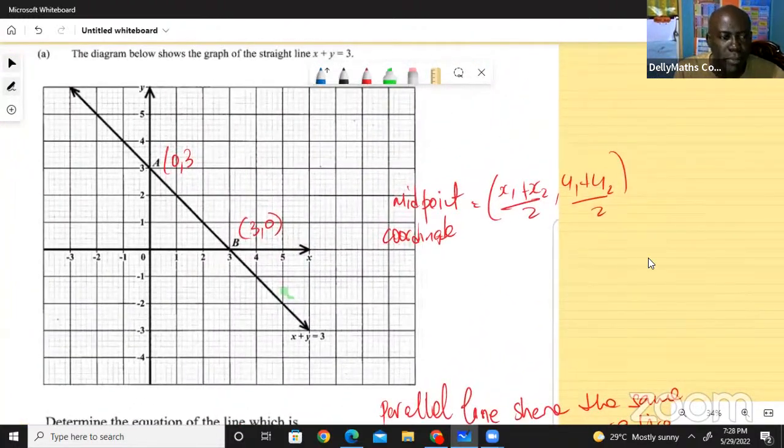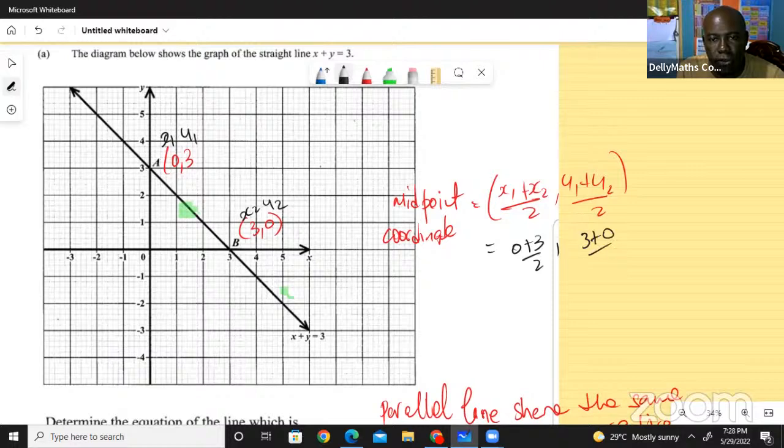So let's go for it. The middle of AB is somewhere here, but we can calculate it. Let's just label these quickly: X1, Y1, X2, Y2. X1 plus X2 is 0 plus 3 over 2, and Y1 plus Y2 is 3 plus 0 over 2.